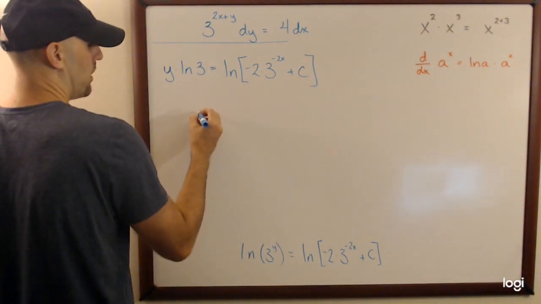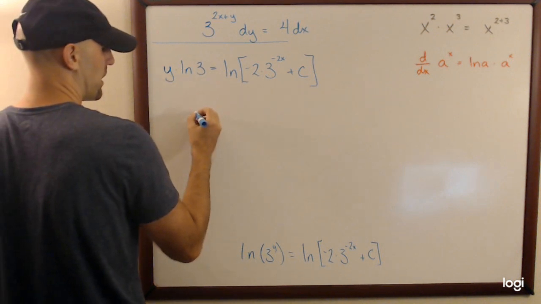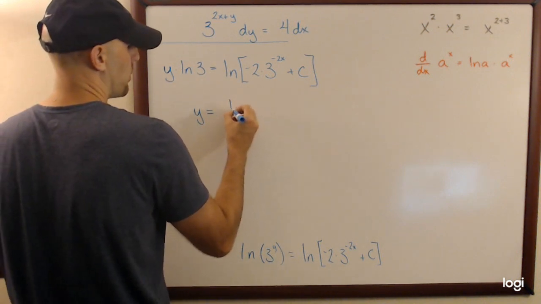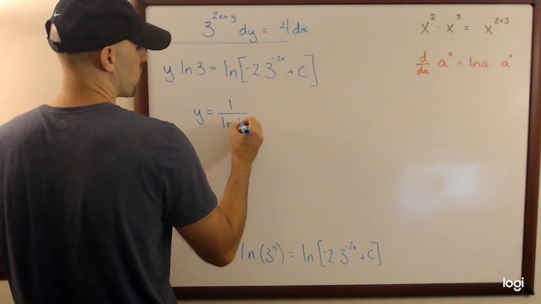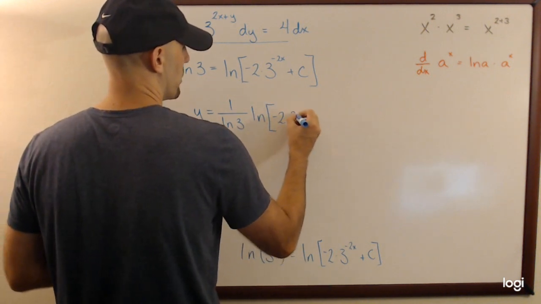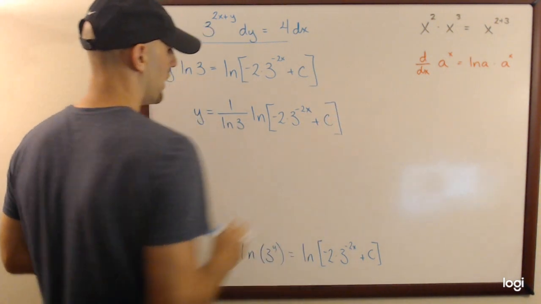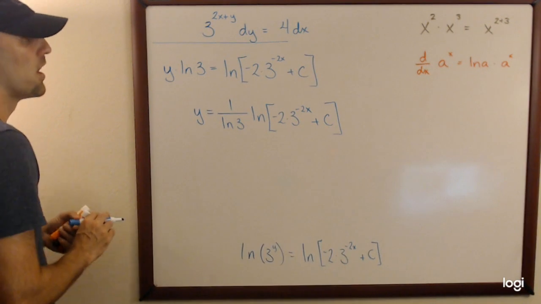There we go. So just divide by natural log of 3. This is just a constant, so it's not a big deal. And so I get y is equal to 1 over the natural log of 3 times the natural log of negative 2 times 3 to the negative 2x plus c. All right, not terrible, right?